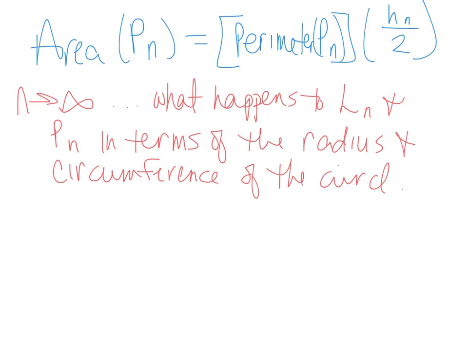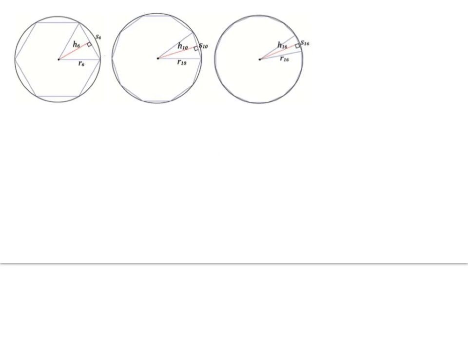I have a picture I'm going to bring over here to give you just an idea of what I'm going for. Now, if you look, we have 6 sides, 10 sides, 16 sides. What's going on with our radius and our length of our base and our height?